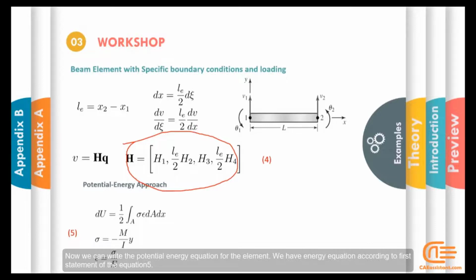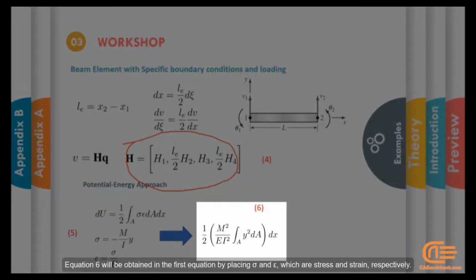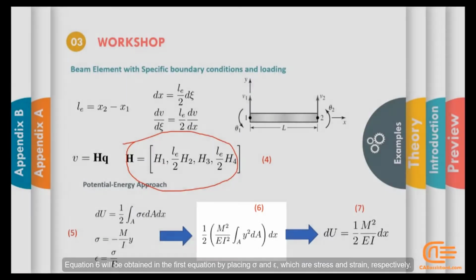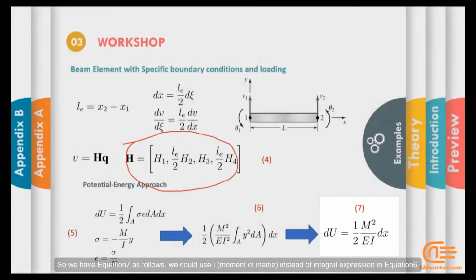Now we can write the potential energy equation for the element. We have the energy equation according to the first statement of equation 5. Equation 6 will be obtained from the first equation by placing sigma and epsilon, which are stress and strain respectively. So we have equation 7 as follows. We could use I, the moment of inertia, instead of the integral expression in equation 6.